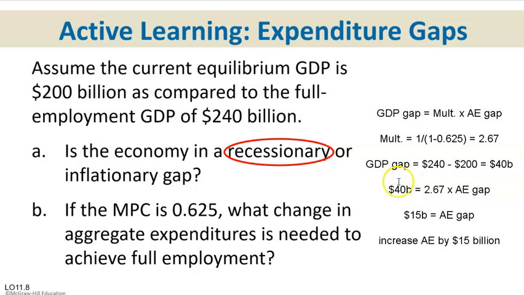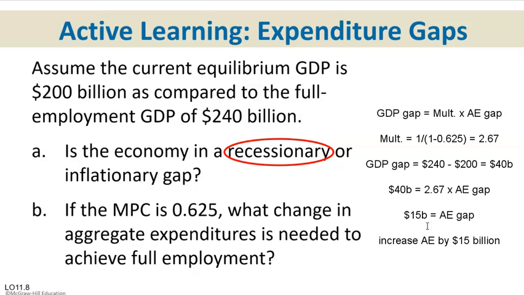So what we end up with is 40 billion is equal to our 2.67 times the aggregate expenditures gap. To solve for this, we just need to divide both sides by the 2.67. If you do that, you should get somewhere near 15 billion, depending on how you round it. If you divide 40 billion by 2.666 and keep all of those 6s, you would get exactly 15 billion, which is the answer.